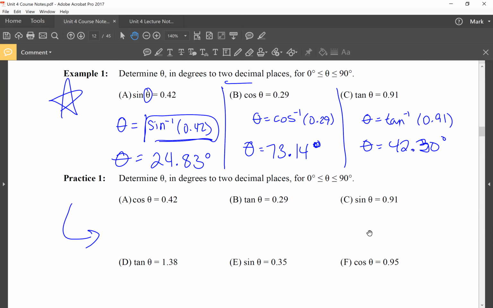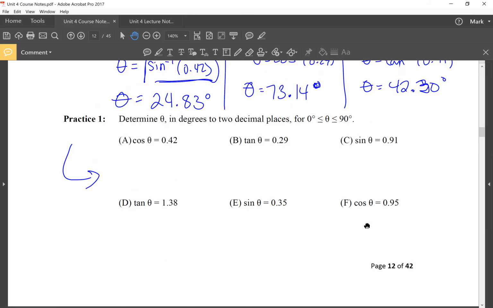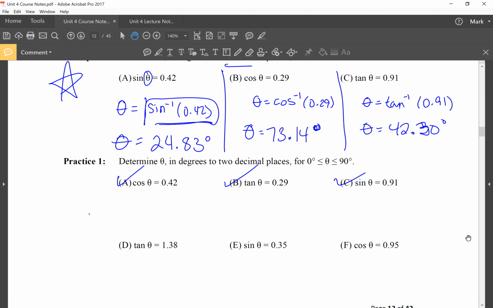Now, guys, you don't need to do all 6 of these. I mean, what's the point? They're all going to give you similar numbers. Just try a couple of these. Why don't you just try A, B, and C? The reason I really want you guys to try this is because we can see if your calculator is in degree mode. If your calculator is in radian mode, you will not get the answers that I got above.